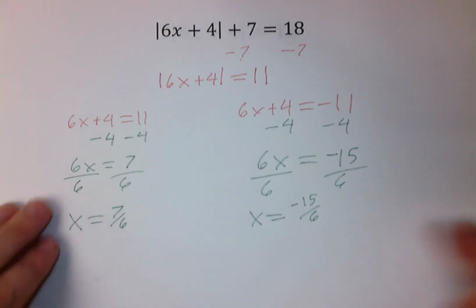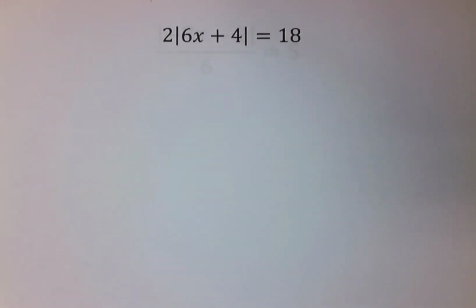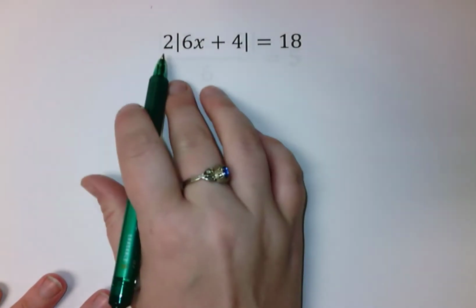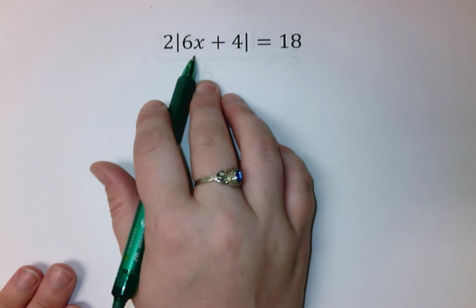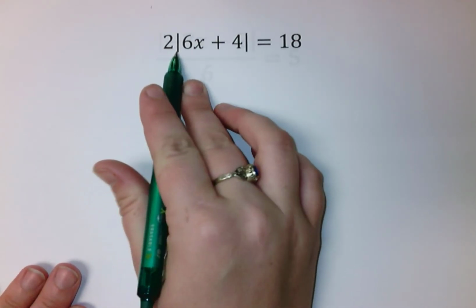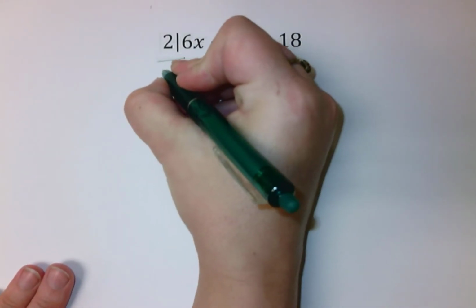All right, so let's look at something multiplying outside the absolute value. The 2 is multiplying the absolute value. Now with absolute value, I cannot distribute. It is one of the grouping symbols I cannot distribute inside of.